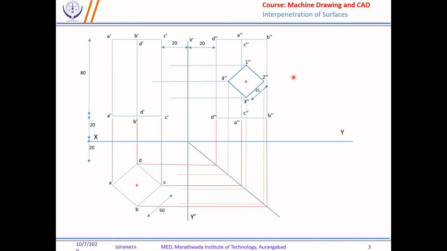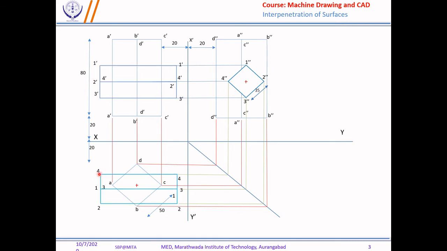Next, project all the corners to get the front view and the top view of this horizontal prism: 1, 2, 3 and 4 in the top view, and 1 dash, 2 dash, 3 dash, 4 dash in the front view. These are the names given to all vertices of the front view and the top view. The top view shows that the horizontal prism is 6 mm away from the center of the vertical prism.